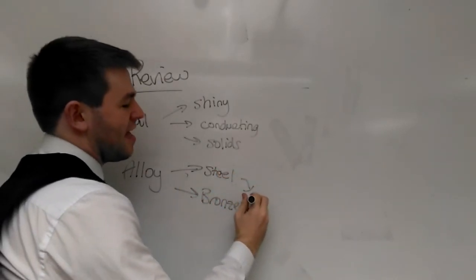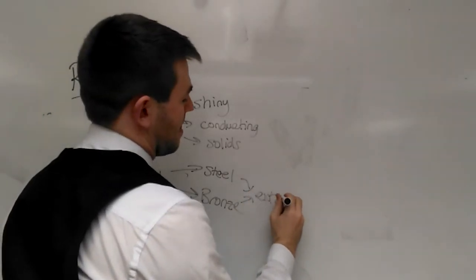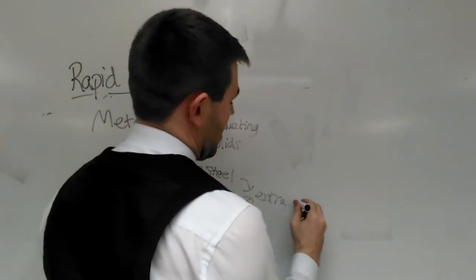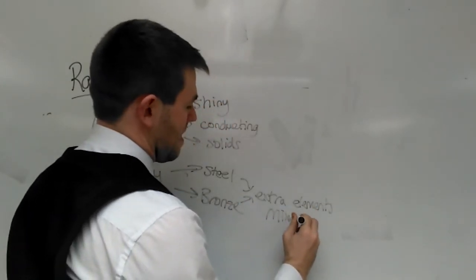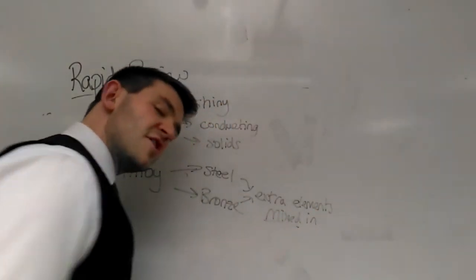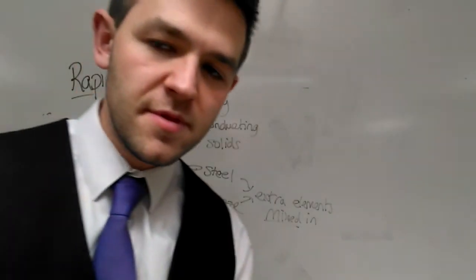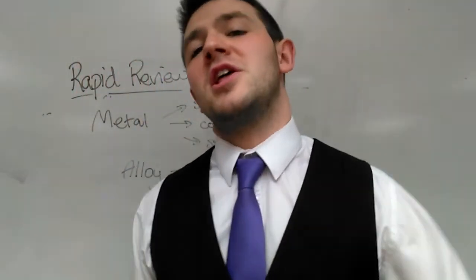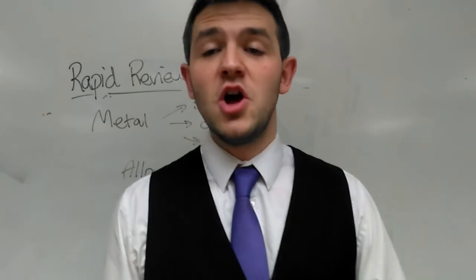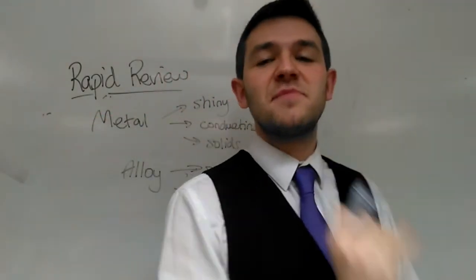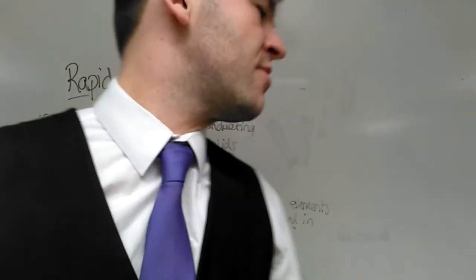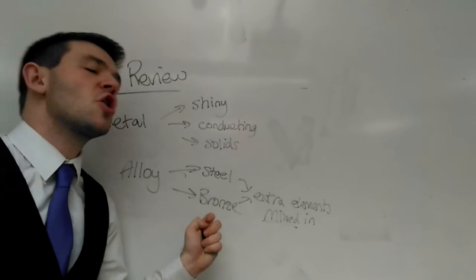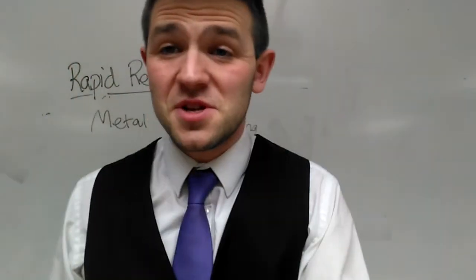These have extra elements mixed in. They're not chemically joined together. The carbon is not chemically joined to the iron in steel. But just by having little bits of them there, they make the whole thing stronger. They stop it from rusting, for example, and it makes better quality materials that we can use.